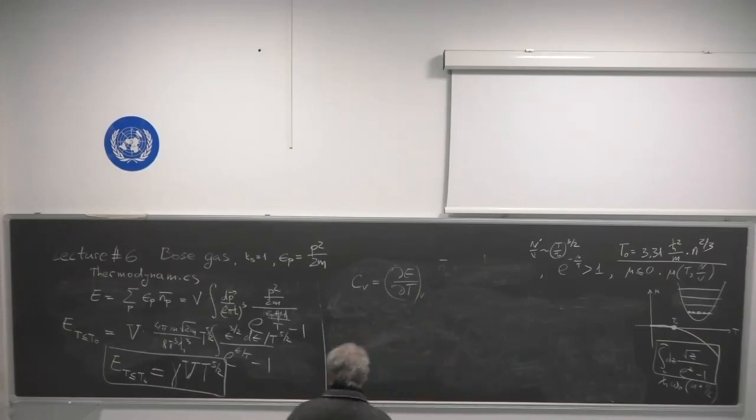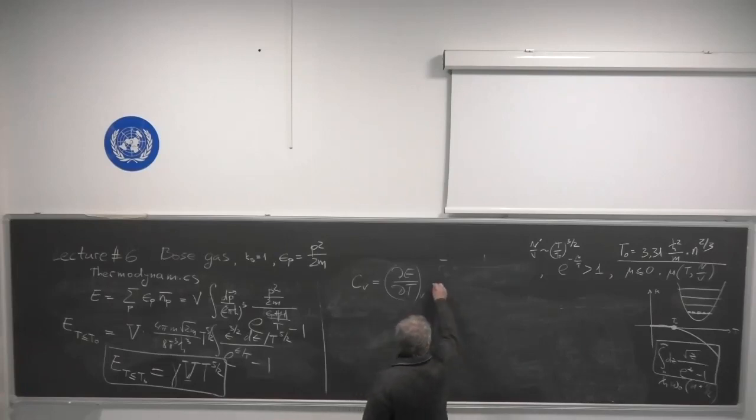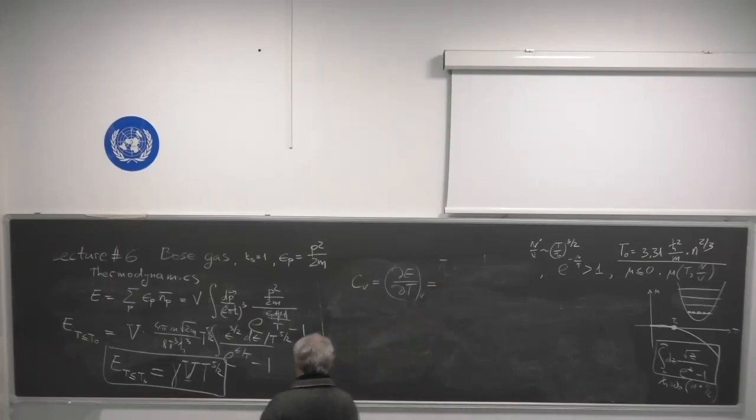They are all proportional to the volume. Therefore, for the specific heat or entropy, it's usual to define the specific heat per unit volume. So this is why I will use small c for the quantities per unit volume and capital C for the extensive variables proportional to the volume. So far, I'm dealing with extensive variables.